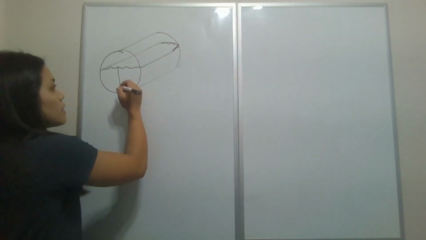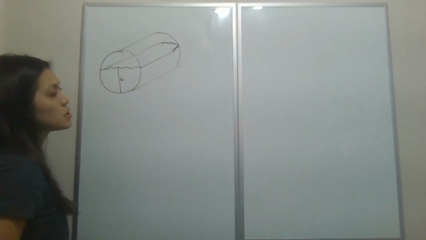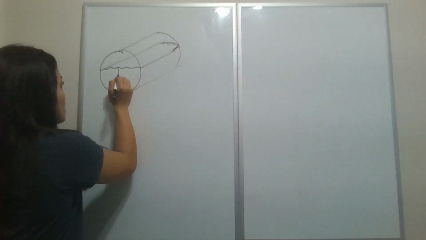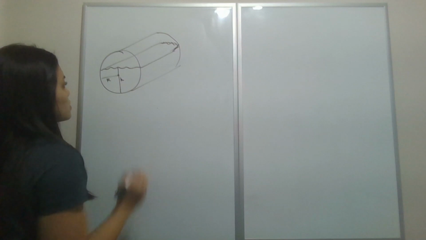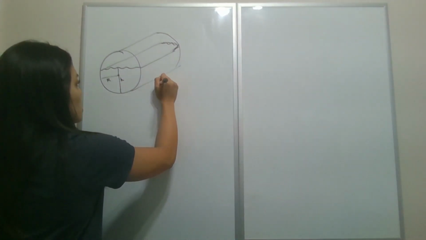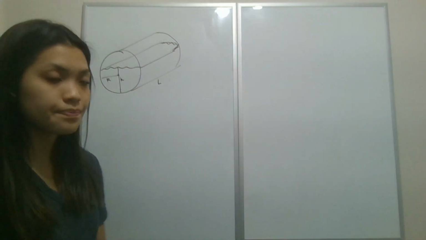We are given that the fluid has a height h, and we are also told that there is a radius and that the cylinder has a length of L.